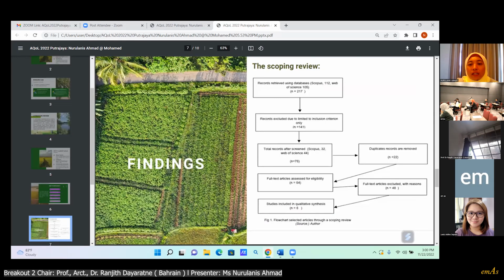Okay, for the findings, based on the scoping review, we used 2 databases, which are Scopus and Web of Science. The total number of articles is 217. After that, we used a search string with certain criteria.